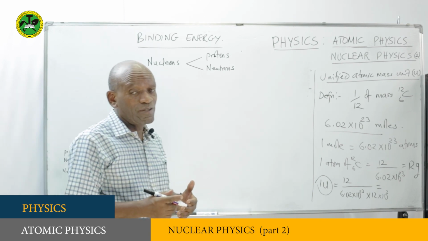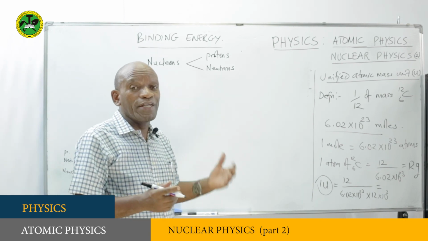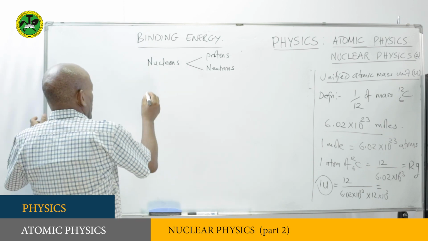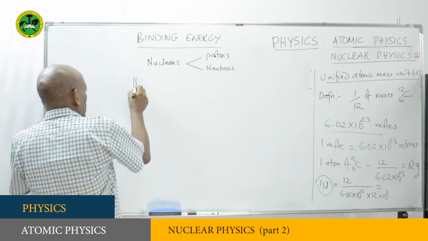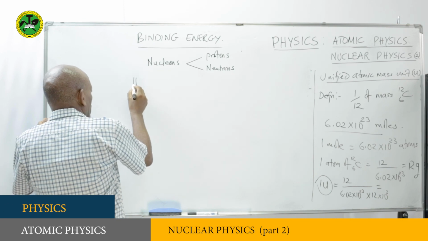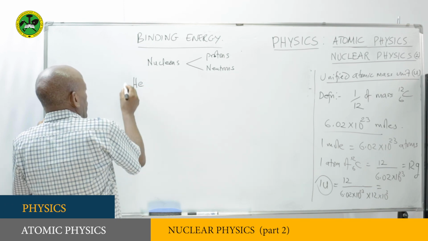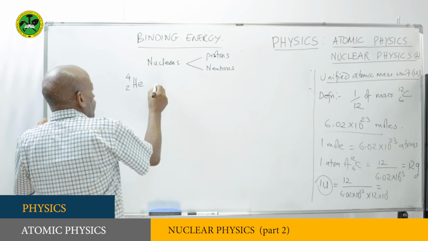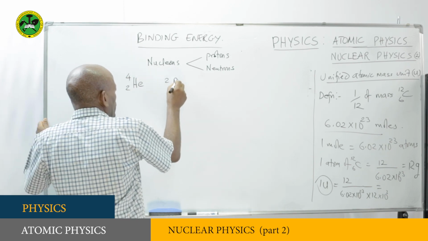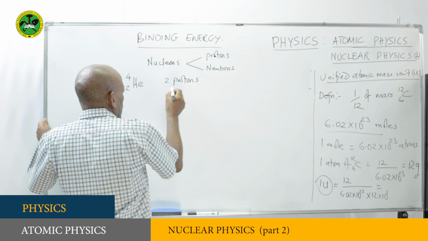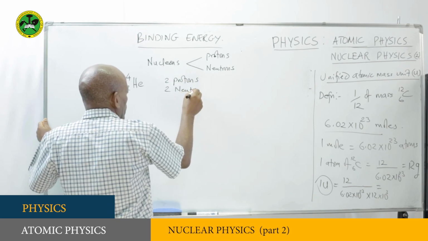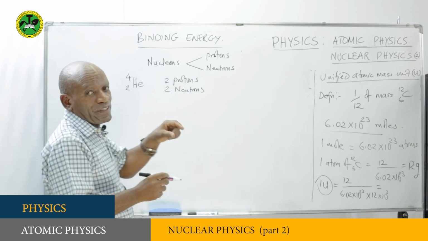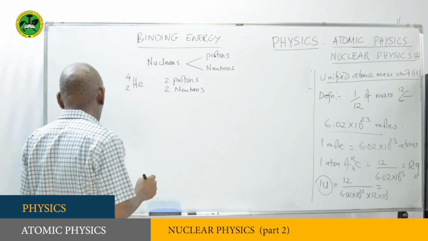Let us take, for example, helium. A helium is just like an alpha particle with two protons and two neutrons, which are found there at the nucleus.